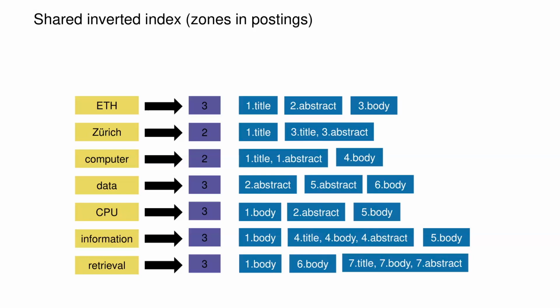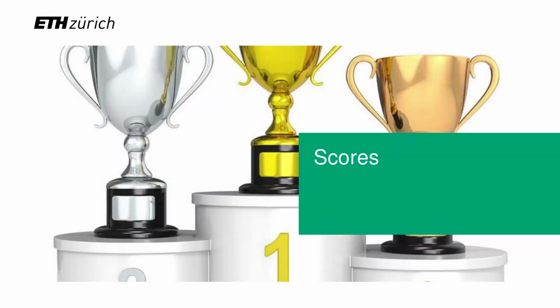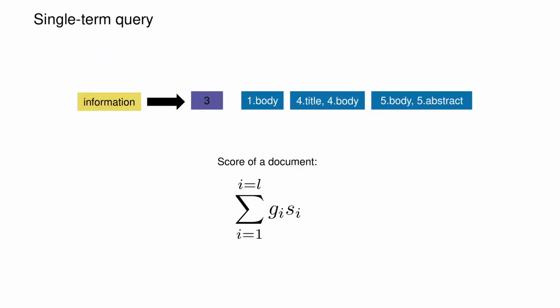And number two, the other way, is to still have the terms on the left, but to put the zone in the postings instead of putting them in the terms. And then you end up with postings that contain the document IDs plus the zones in which they appear. So how do we use that in order to get scores? Well, here's how. When you have a specific term and a specific document, you can compute a score by adding weights for all the zones in which the term is present.